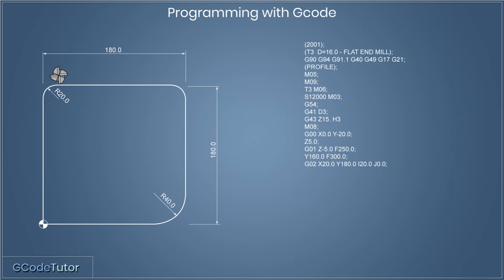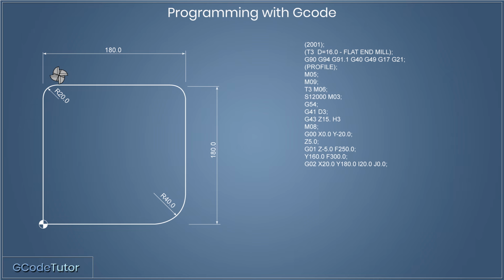This is going back to the G91.1 we had in the safety line, where we told the machine any radial moves, the center point of the radius will be incremental and not absolute. Now remember, absolute is the positions from the datum, where incremental is a position from the tool. So the X and Y positions here are the end point of the radius from the datum, because we're working in absolute through our usual control methods of this machine.